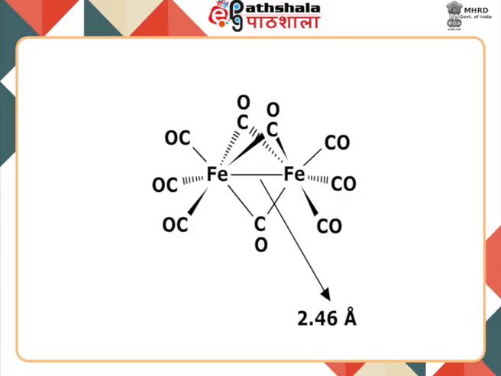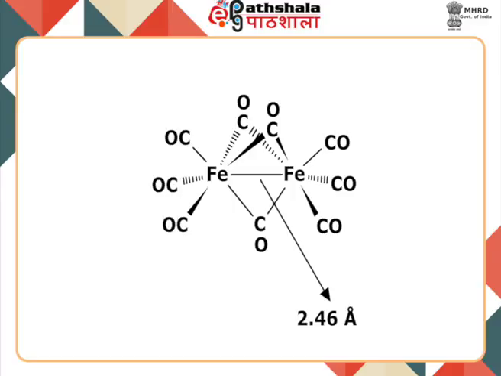The iron-iron bond is formed by the lateral overlapping of singly occupied dxy atomic orbitals of 2 iron atoms involving 4 overlap zones, and thus it is a delta bond. The iron-iron distance in this complex is 2.46 angstrom.